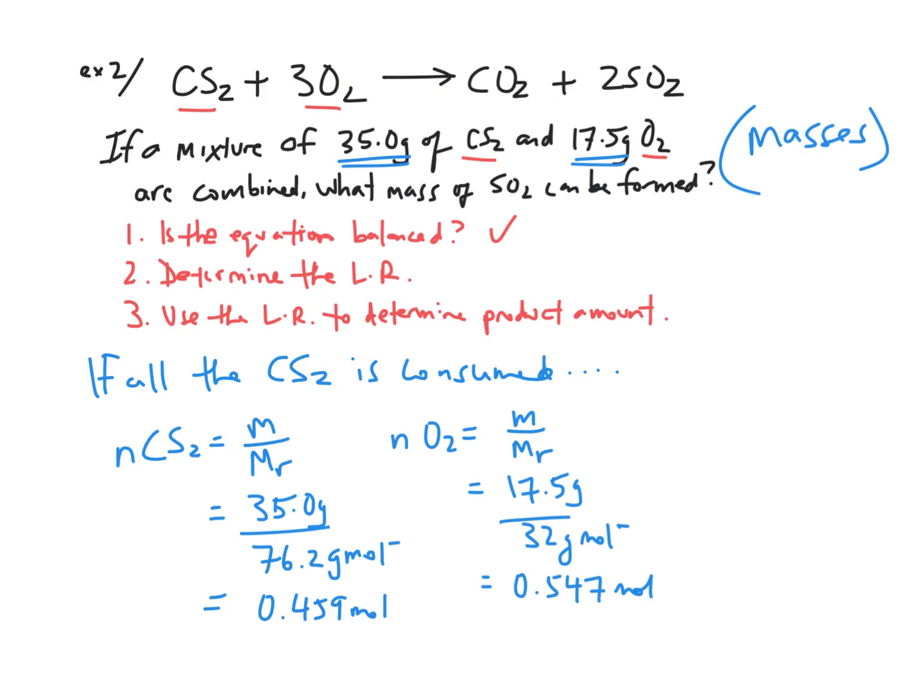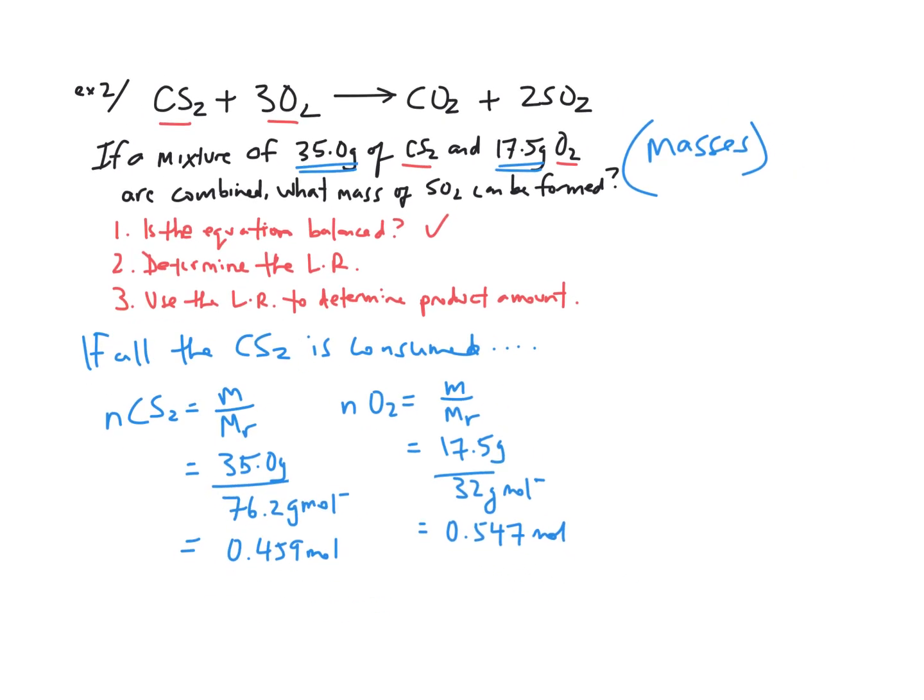So if we use up all of the CS2, 0.459 moles, how much oxygen does that require? We once again have a 3-to-1 ratio: 3 moles of oxygen for every 1 mole of CS2.